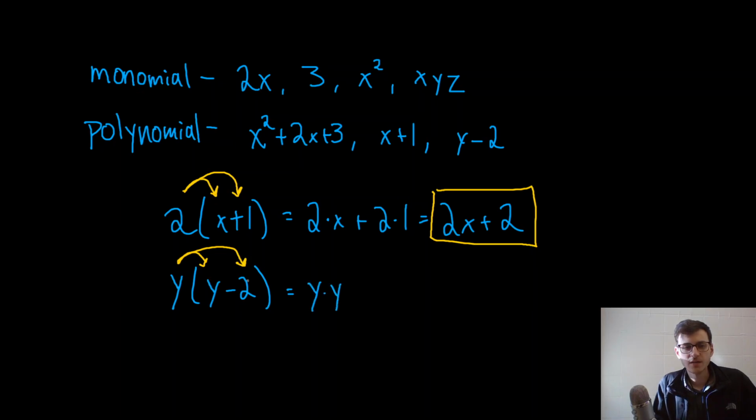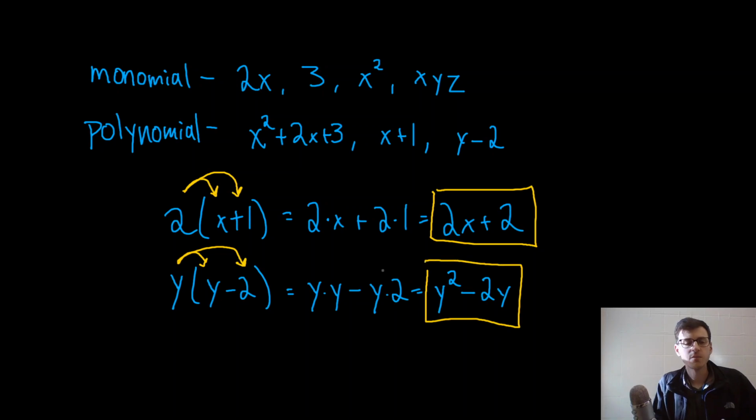And then y times 2, you could think about this as y times negative 2 or minus y times 2. Either way works. So y times y is y squared minus y times 2 is 2y. Okay, so sometimes multiplying a polynomial by a monomial, you might multiply an unknown in there, right? Just be careful and remember your exponent rules.